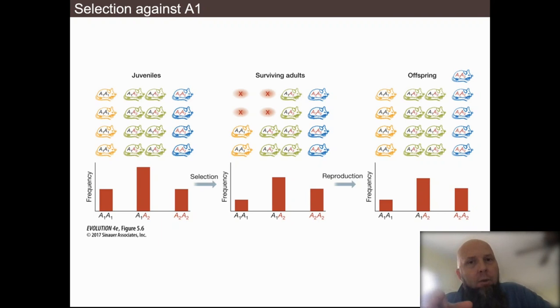Because A2 is now higher in frequency, it is more likely to be passed to offspring. More A2 alleles will go to the next generation than A1s, and so the next generation of offspring has a higher frequency of A2 homozygotes, and there is a higher frequency of the A2 allele in this population.